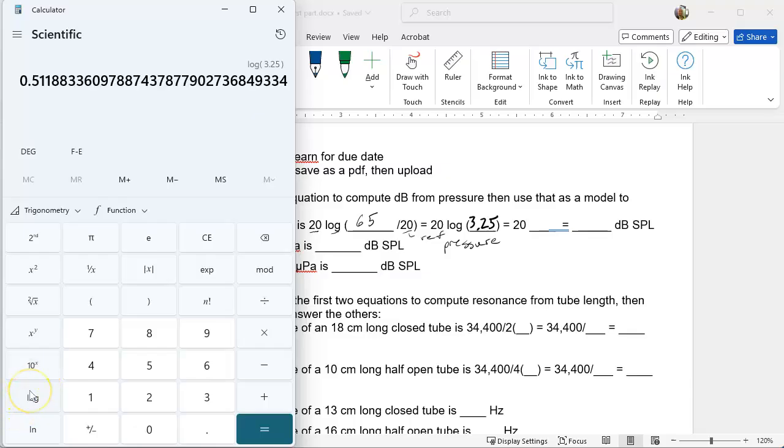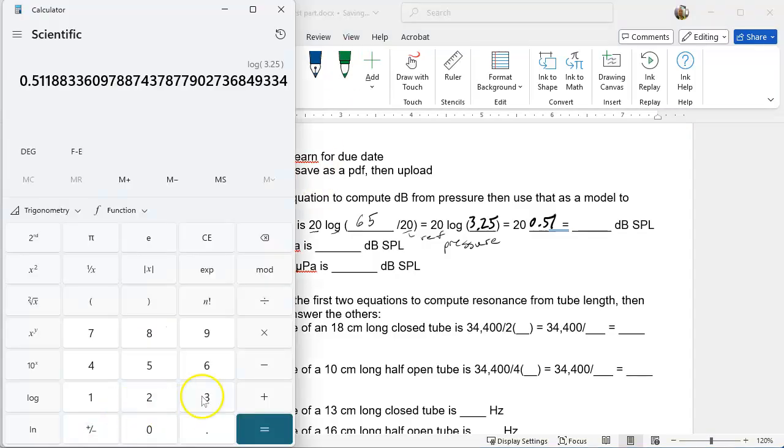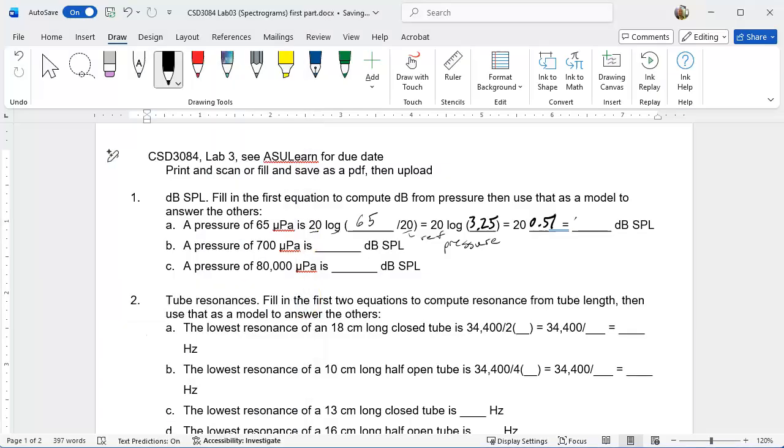Take the logarithm of that, and I get 0.51. And then multiply that result by that 20 constant. And I get something around 10.2, depending a little bit on whether you round and retype in or whether you keep using the same numbers throughout in the calculator.